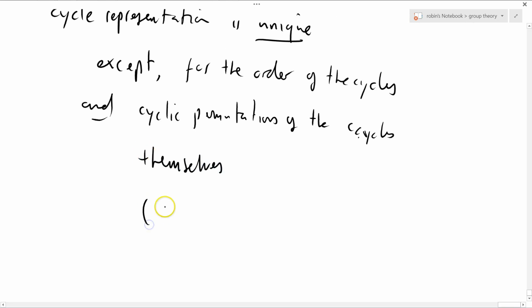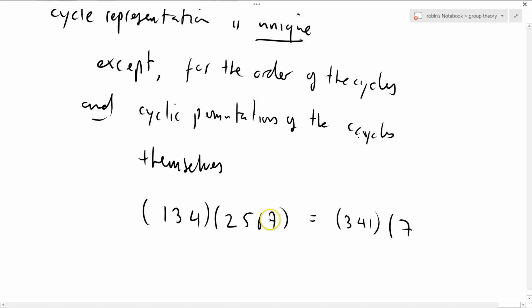So for example, the permutation (1 3 4)(2 5 6 7), let's say, that equals, well, instead of (1 3 4), I can write down (3 4 1), because look, 3 goes to 4, 4 goes to 1, 1 goes back to 3, times, instead of (2 5 6 7), I can start anywhere, I can start at the 7: (7 2 5 6).